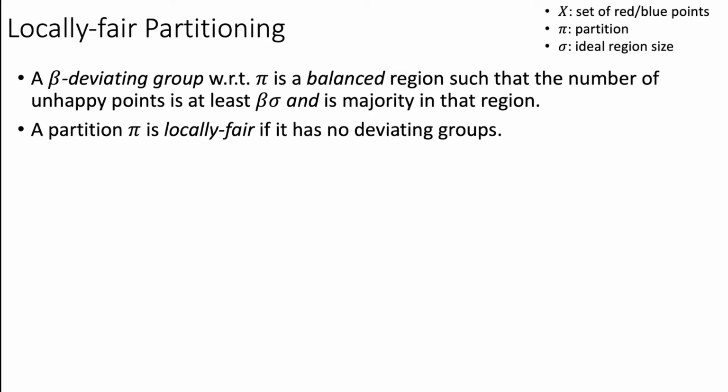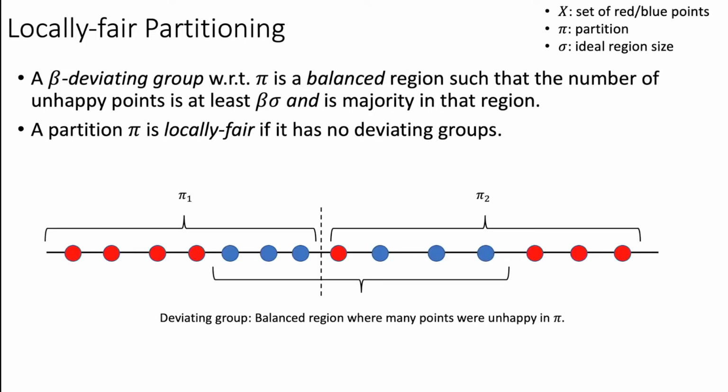And a partition is locally fair if it has no deviating groups. So as an example, here is a partition, and the blue points in the center along with the red point in the center form a balanced region. So it has the right size, but the blue points are the majority there. And there are at least beta sigma of those blue points. And so they can deviate.